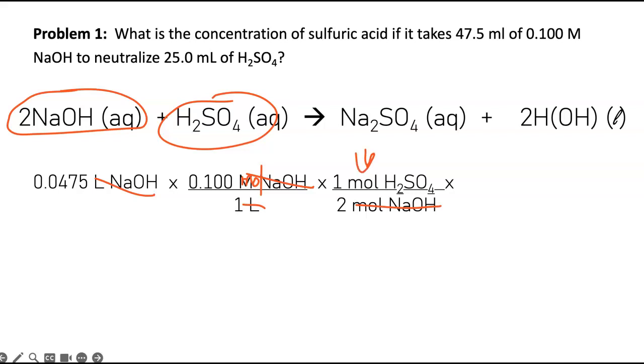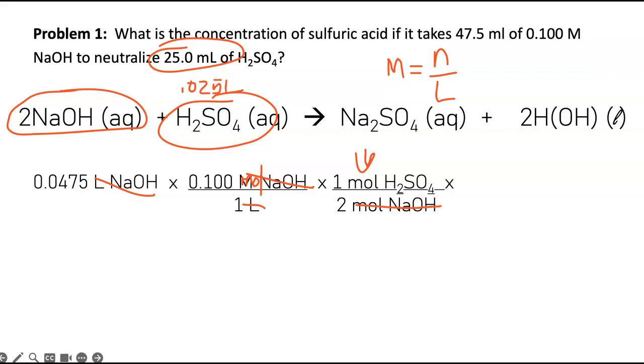So I don't yet have my concentration, but I do remember, because I'd written it out earlier, that the molarity, big M, is my number of moles divided by my volume in liters. And I have this volume right here in milliliters, so I'm just going to have to convert that to liters. So that's going to be 0.025 liters.